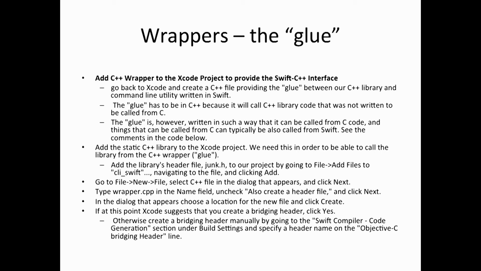At this point, Xcode suggests that you create a bridging header. You have to click yes. Otherwise, you create a bridging header manually by going into the Swift compiler settings and doing a standard Objective-C bridging header.